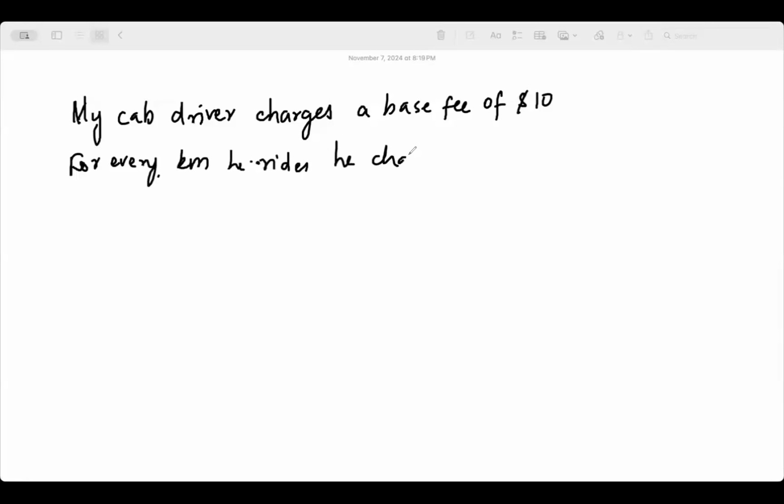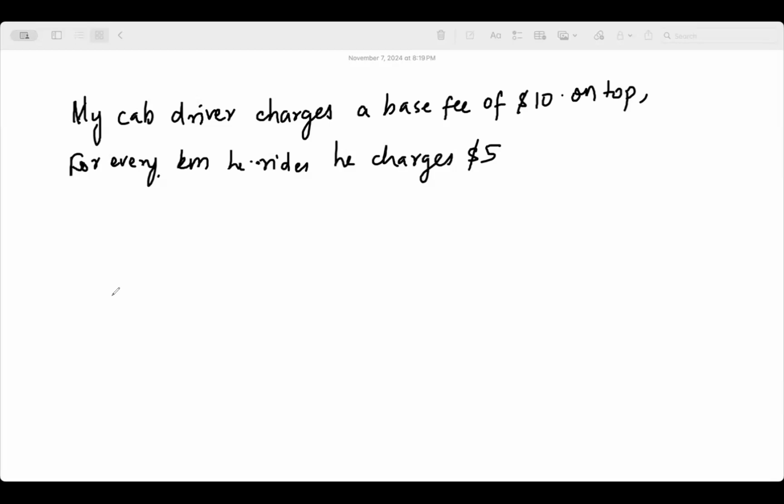On top of this base fee, for every kilometer he rides, he charges $5. Did you all get it?